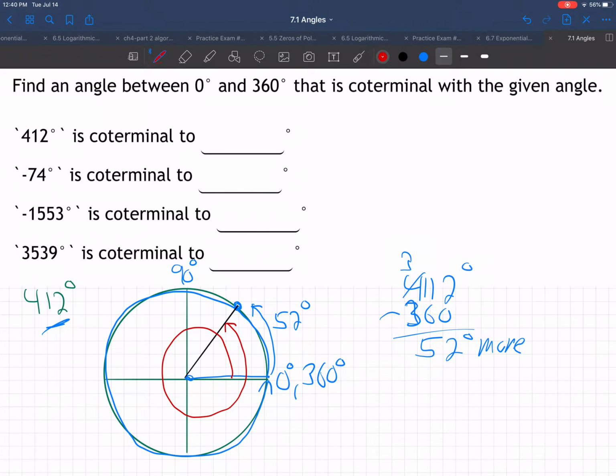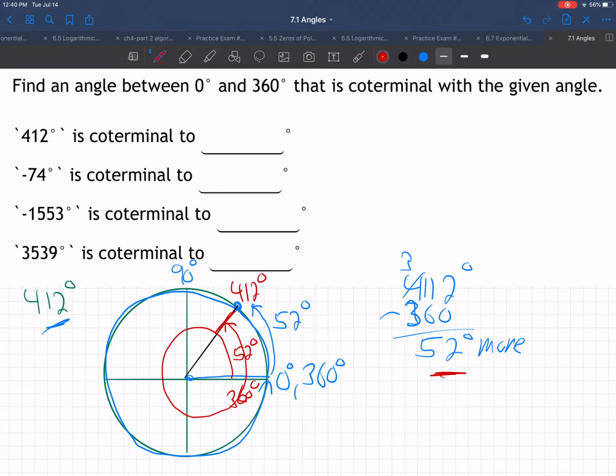So you go 360 degrees all the way around, and then an additional 52 to end up at 412 degrees, right? It's a full 360 plus 52 more.